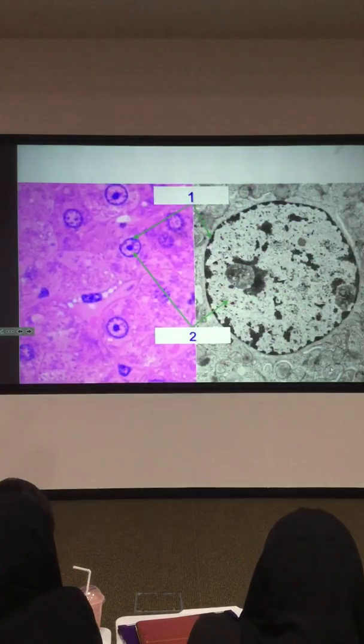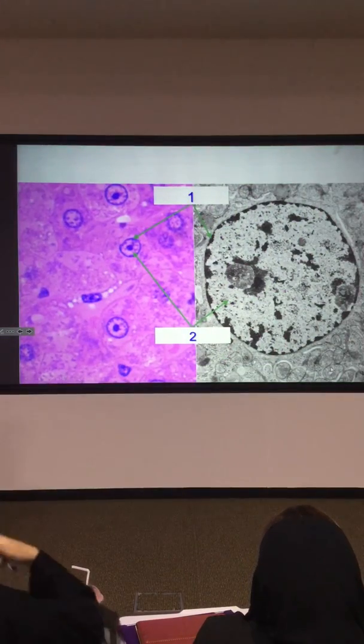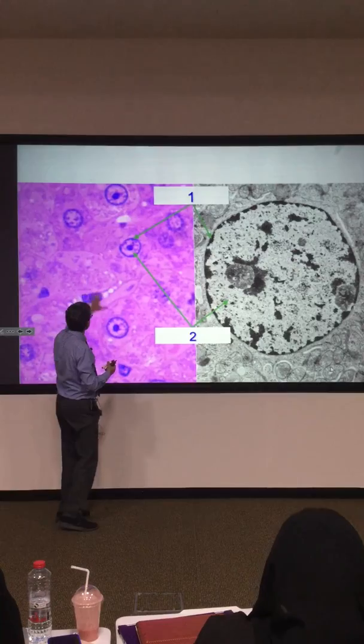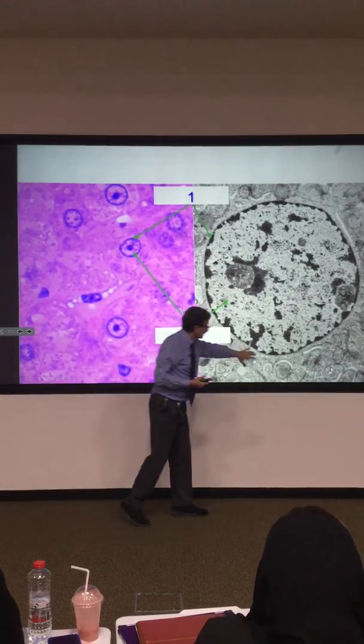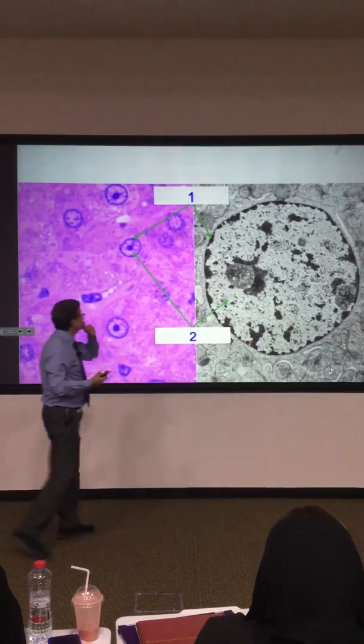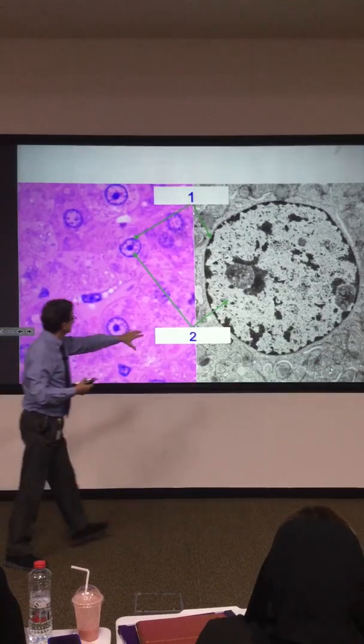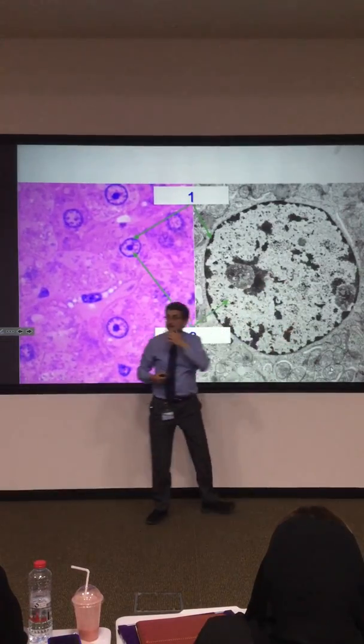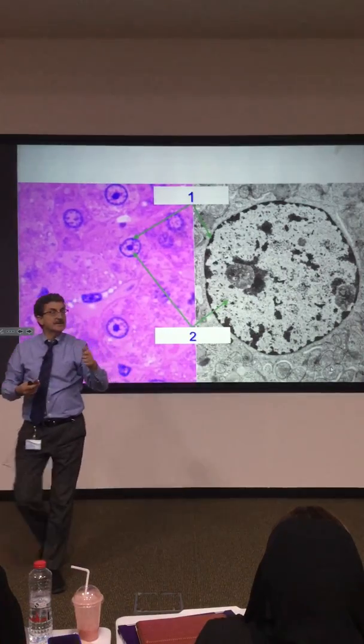Okay. Now these are 2 sections obtained from the liver. So this is liver tissue, very high magnification. You see only a few cells, and this is also the liver cell, one of these liver cells, showing what? What is number 2 here? This whole thing is what? Cytoplasm. What do you think?